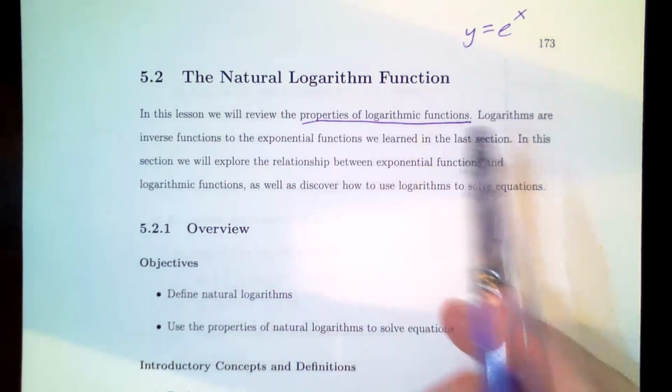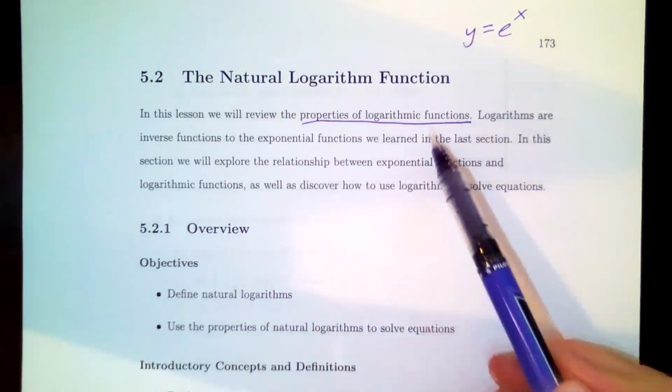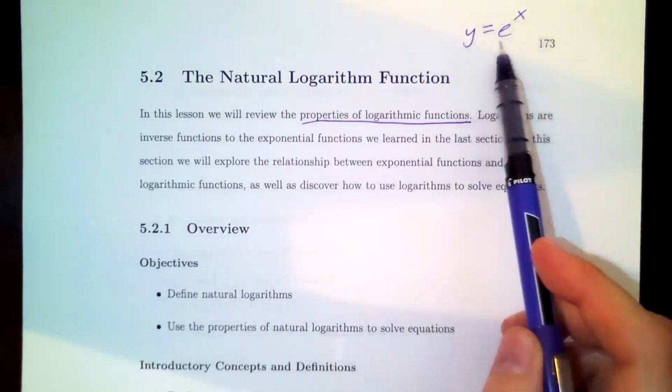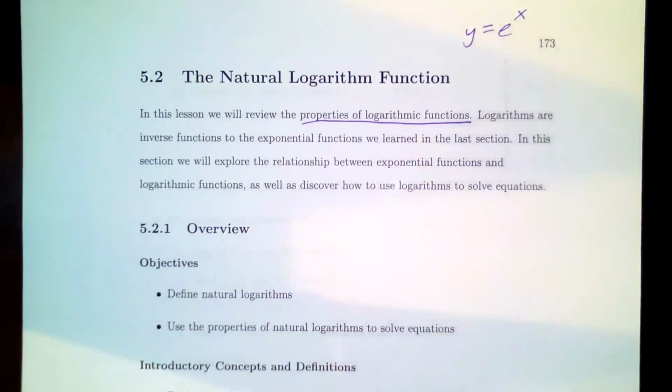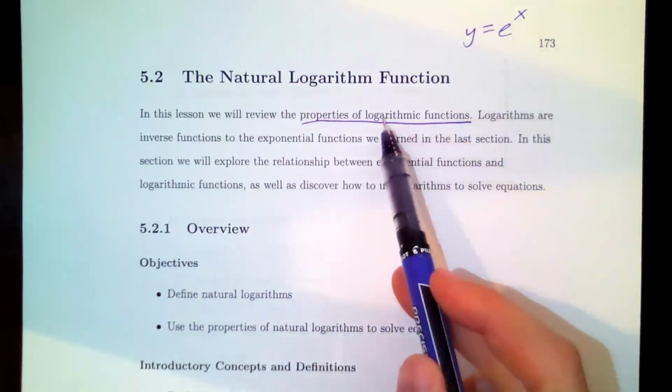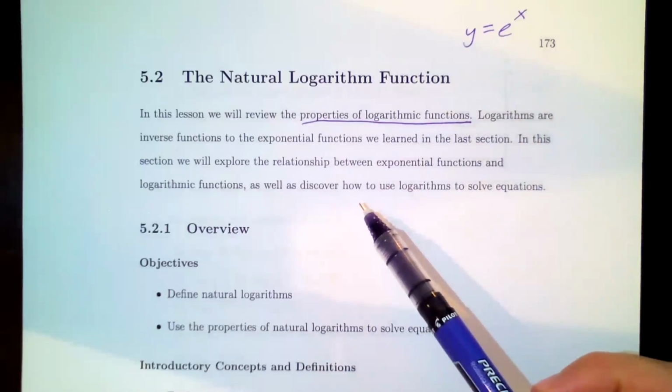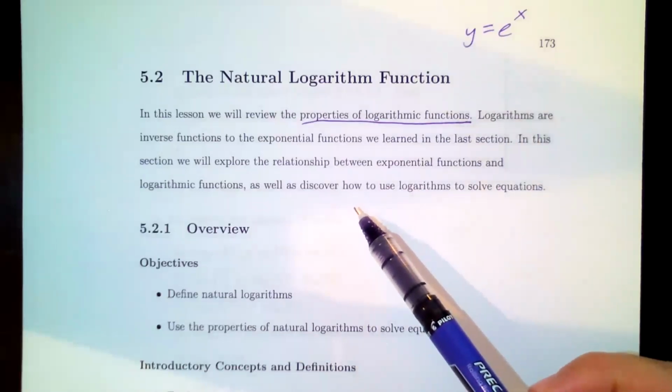And eventually, in a couple of sections, we would like to start doing derivatives of exponential functions and logarithmic functions. But before we get there, we need to review some properties of both so that we know how to do algebra with the logarithms and exponentials before we start doing derivatives.